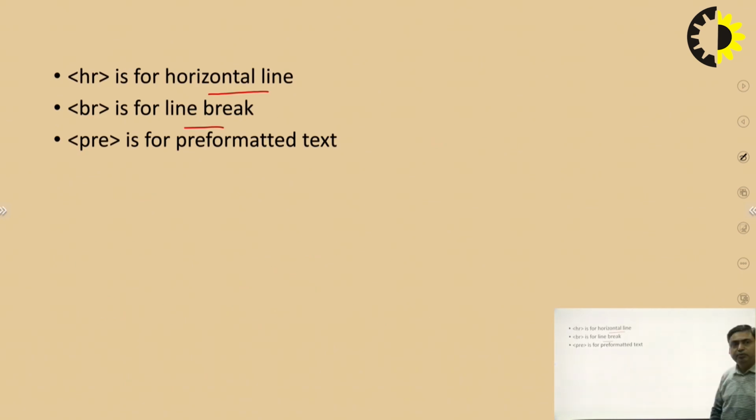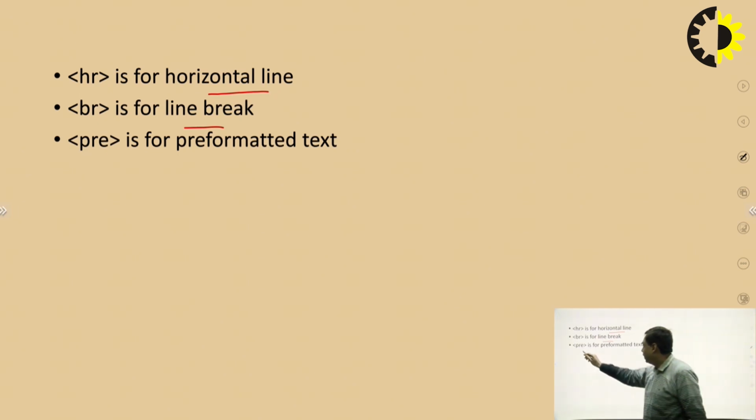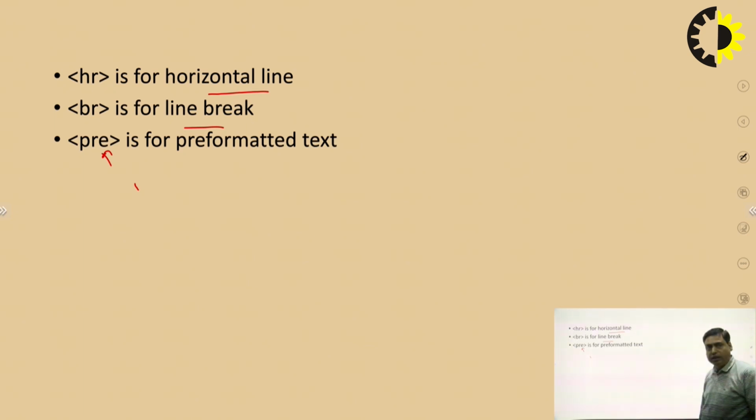Pre means pre-formatted. Whatever you write, as you write it, it will display on the web page. It is a very important tag because students sometimes get confused between the P and pre tags. P will automatically reduce the spaces, while in pre there is no reduction of the spaces. So whenever you want to display the text as it is given with many spaces, use the pre tag.